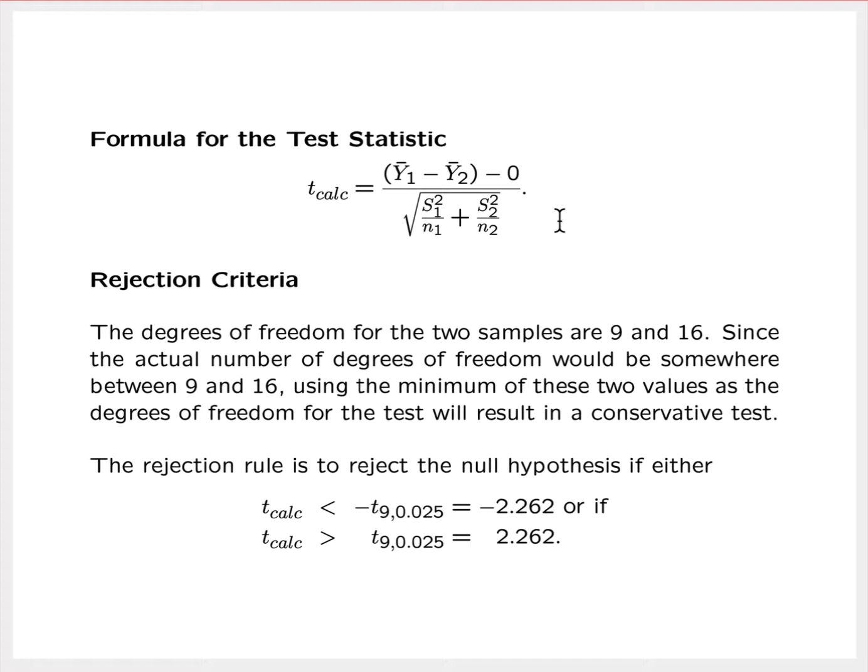Since the actual number of degrees of freedom would be somewhere between 9 and 16, using the minimum of these two values as the degrees of freedom for the test will result in a conservative test. Now, the rejection rule would be to reject the null hypothesis if t-calc is either less than negative 2.262 or if it's greater than positive 2.262.